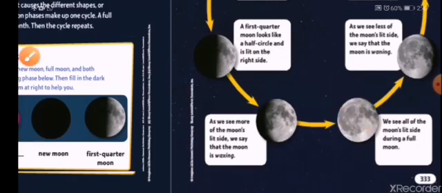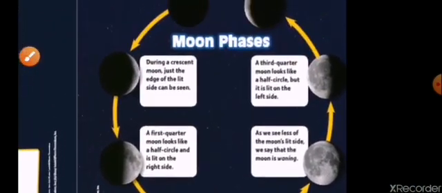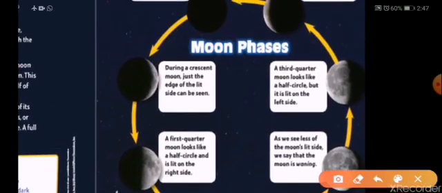Okay, if we complete the diagram here, this moon phase is called waning, so it will be number 6. And if we complete the cycle, this is the third quarter moon, the last big phase, and it will be number 7.